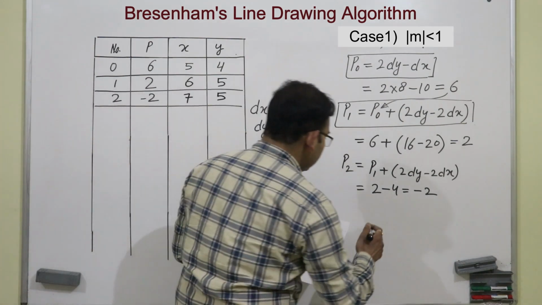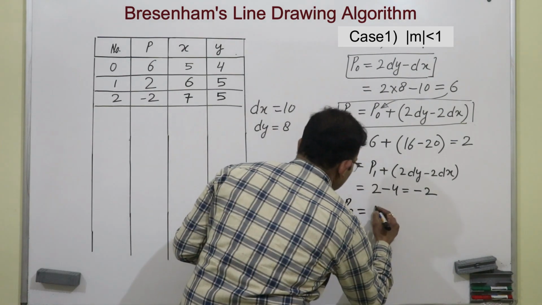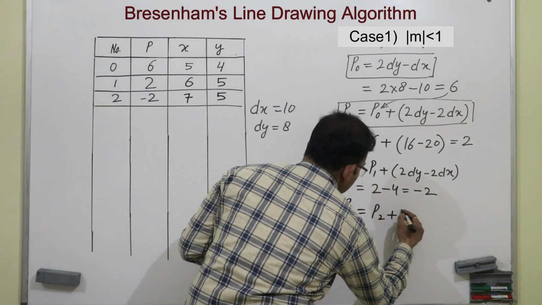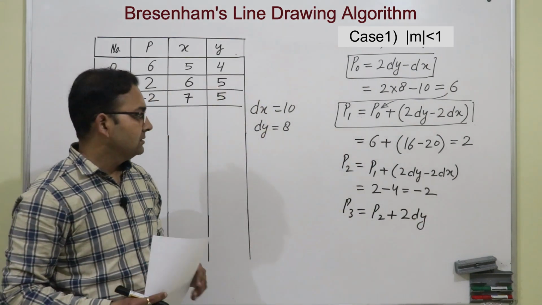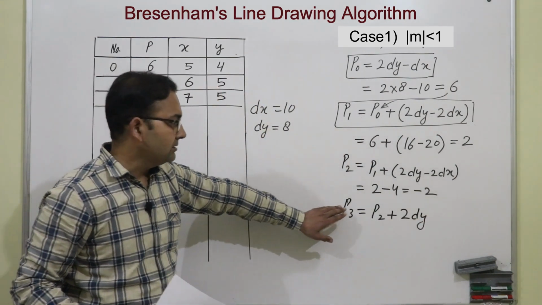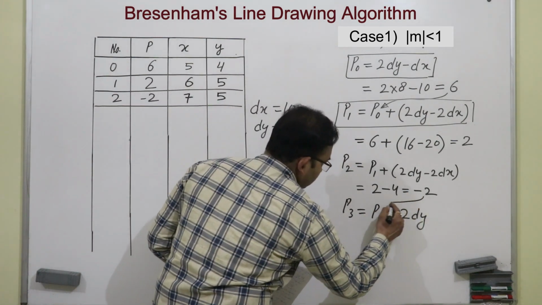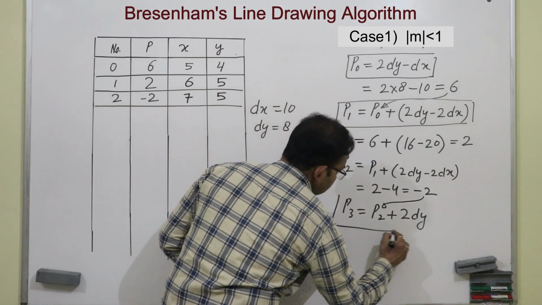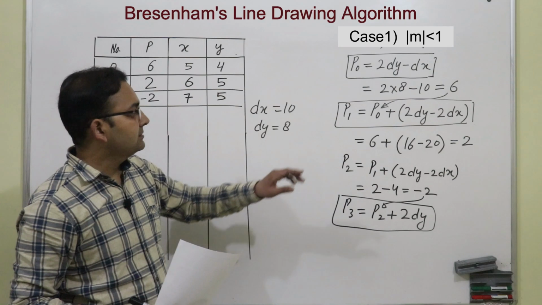Now calculate P3. P3 equals P2 plus 2dy. Now the formula is changed because P2 is negative, so it will come here. So we are using 3 formulas.